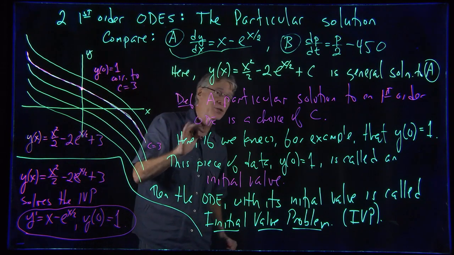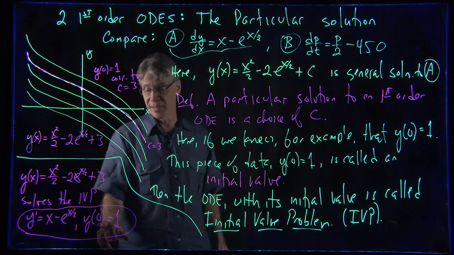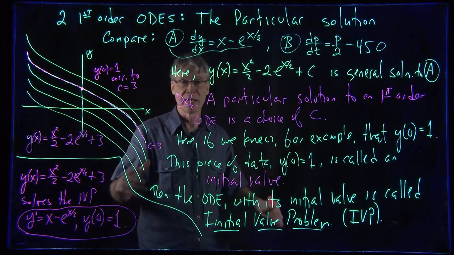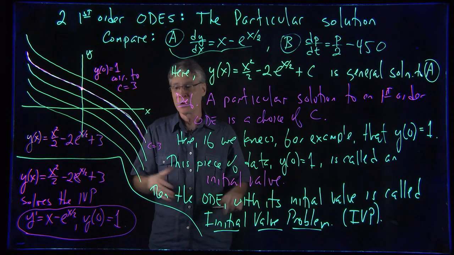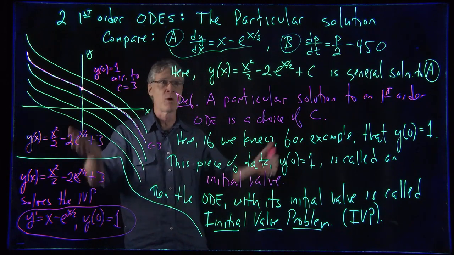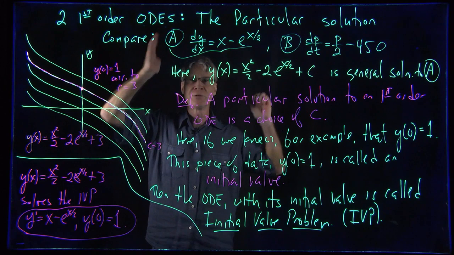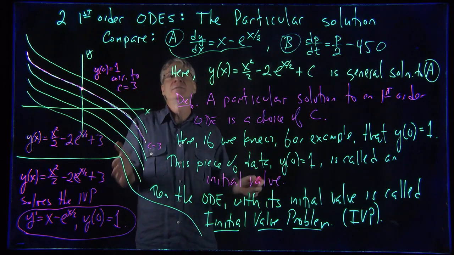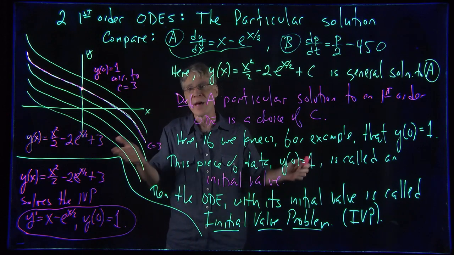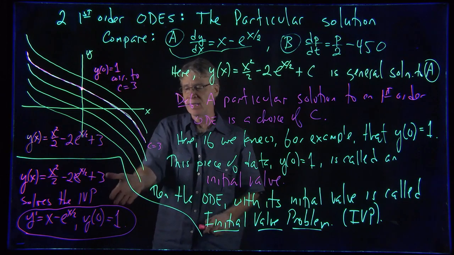By the way, the initial value does not have to be x equal to 0. It's any starting point. So if I want to start my experiment at x equals 42,000, and y at 42,000 was 6, that's my initial value, even though x is not 0 there.